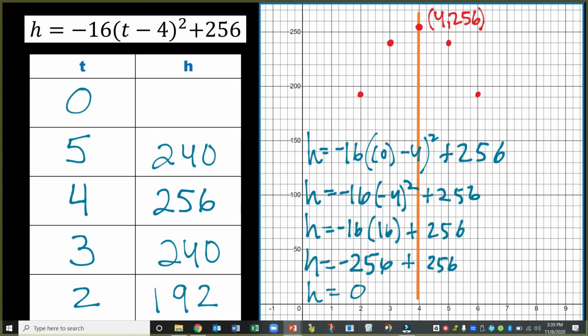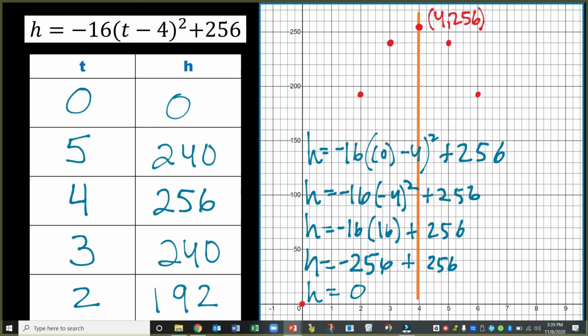So by doing those calculations, by putting 0 seconds in for t, I found out that when time was 0, the height was also 0, which means our rocket was launched from the ground. And we will have a point on our parabola right here at 0, 0.